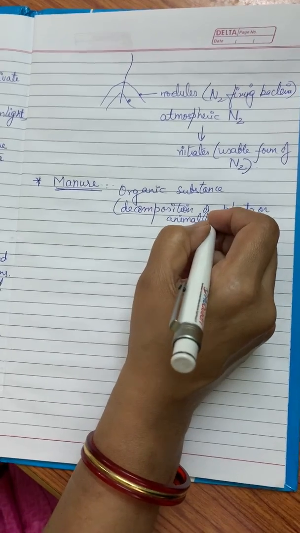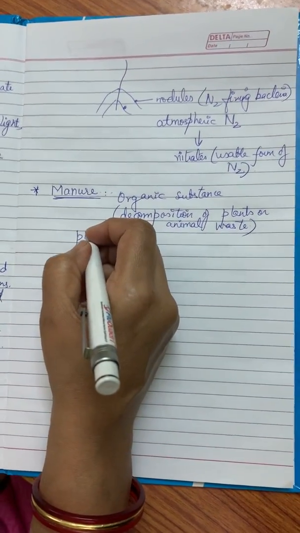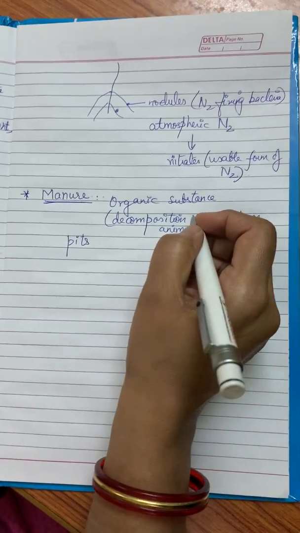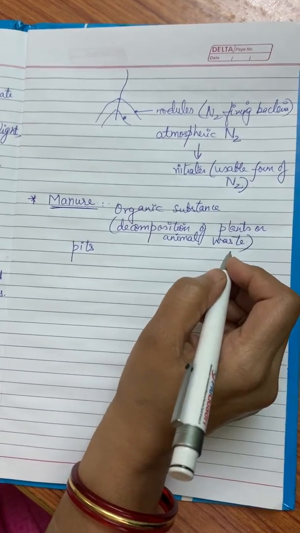Farmers dump plant and animal waste in the pits at open places and allow it to decompose by the microorganisms like bacteria and fungi.